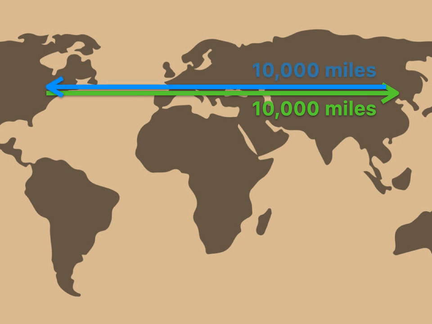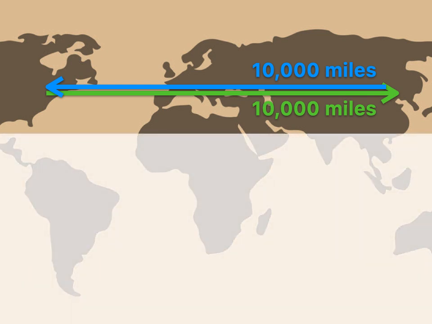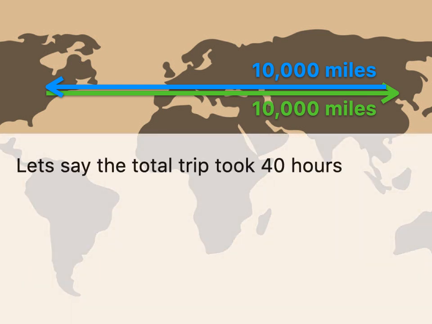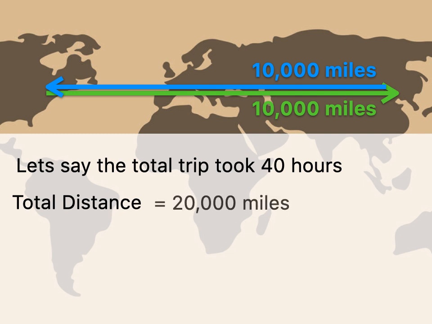It's a pretty big trip. So you go 10,000 miles there, 10,000 miles back. So the total trip is pretty long. It's around 40 hours of flight. And the total distance is 10,000 plus 10,000, that's 20,000 miles.